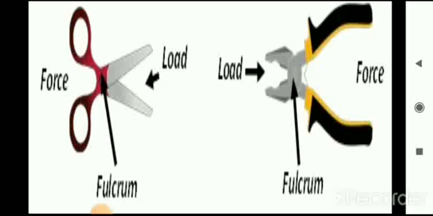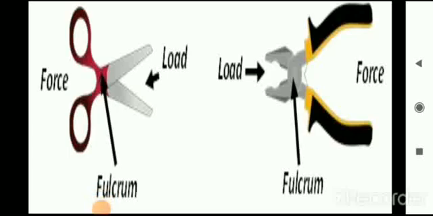In this picture you can see the examples also, like scissors. In the second picture you can see that the center part from where the scissors move is known as the fulcrum. The place from which we hold the scissors, from there we are applying force, or effort.